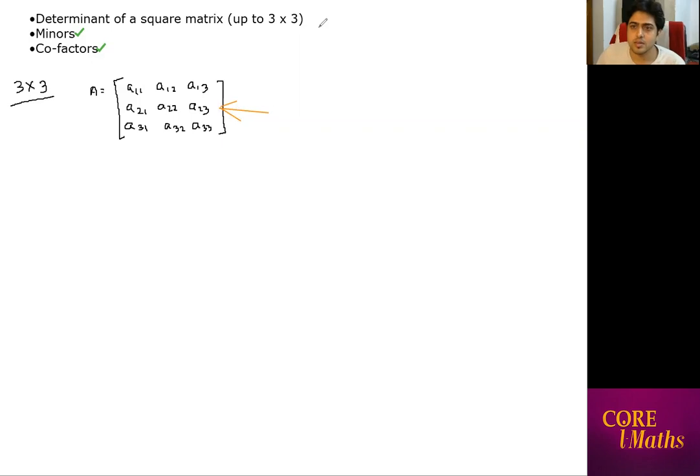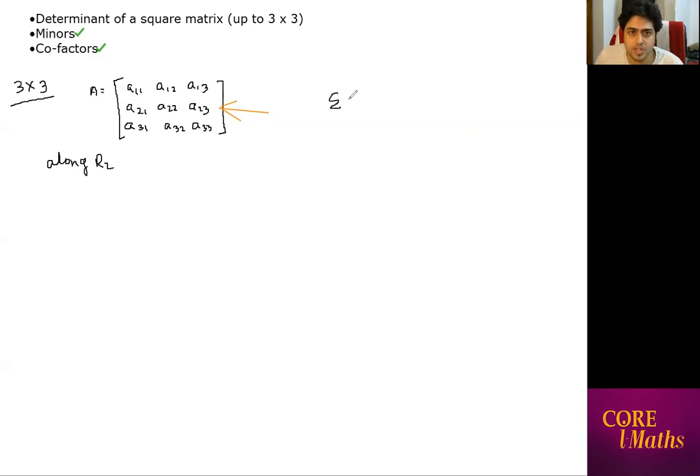This is nothing but the way of sum and product. So along row 2 we want to expand it. What is the formula for this row or for this column?